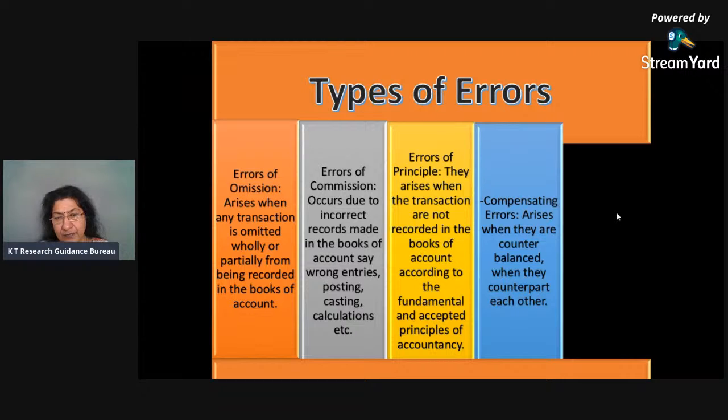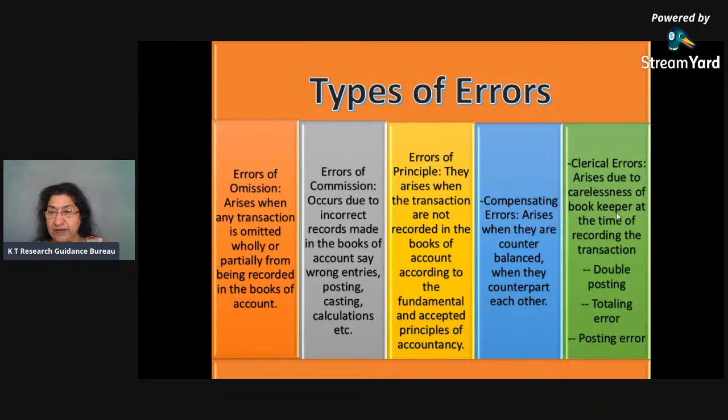At the same time, you have to pay 2000 rupees to a second party and you entered 3000. So the total payment is 4000. So one error is compensated by another error. So this sort of error is very difficult to find out, because each and every transaction you have to check. Then only you can find out these errors.